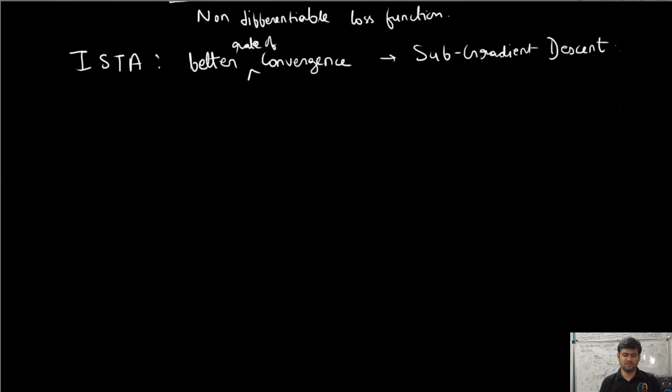So the first step in deriving the ISTA algorithm is to discuss a mathematical concept known as majorization and minimization.